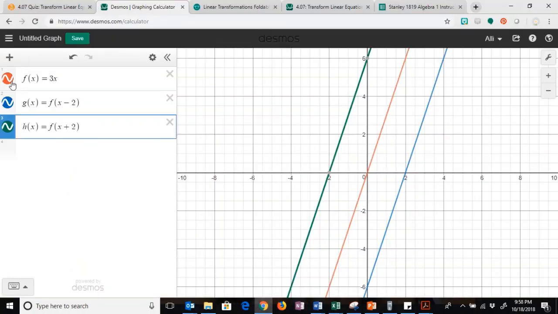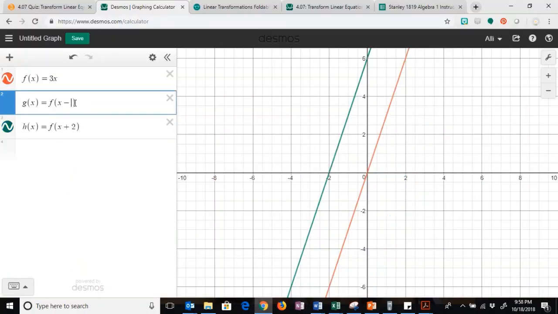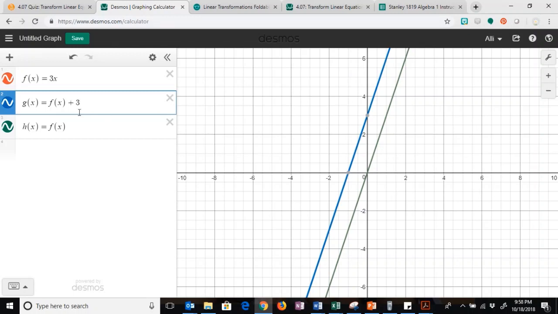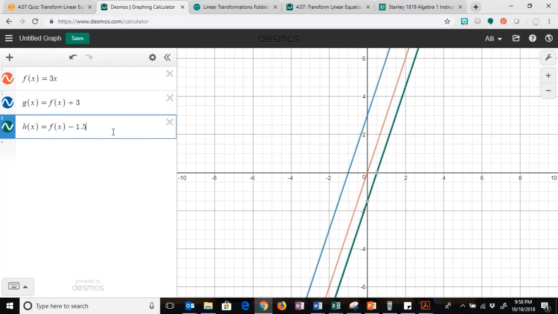If we start with the same thing here, but I add 3, notice how my x-intercept has just changed. I've just moved my x-intercept from 0 up 3. I've just shifted this line up 3 units. And if I were to subtract 1.5, I've simply taken my red line, that original parent function, and moved it down 1.5 units.